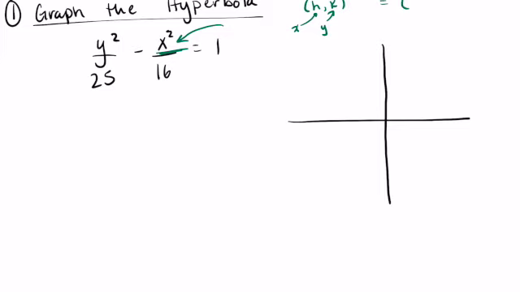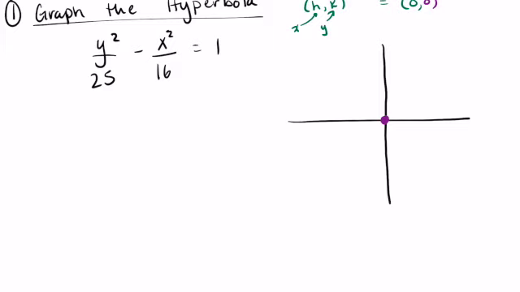Therefore, my center is going to be at 0, and then wherever the y value is at is also 0. So in that particular case, my center will be at (0, 0). But I wanted you to be very careful about trying to find that center if x and y are flipped. So with that being said, I've got my center.